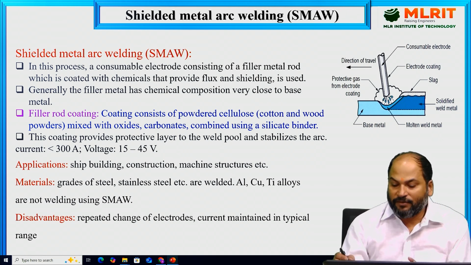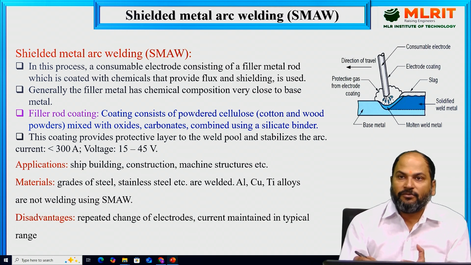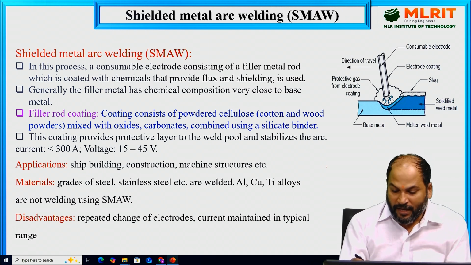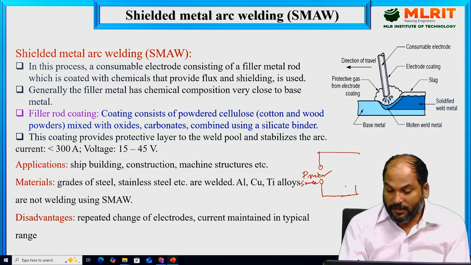This is the diagram we can see, but I will draw a simplified diagram so that it is very easy to see how the arc is generated. Suppose this is the power source, and this is the workpiece that we are going to weld, where we are going to put the heat.